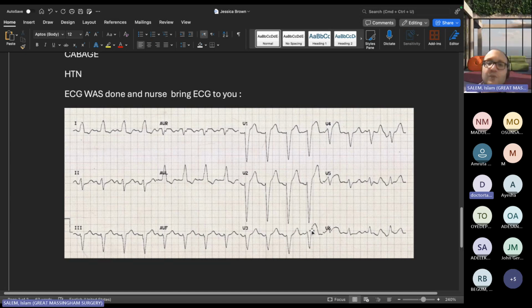One minute. Is this concordance good or bad in left bundle branch block? According to Sgarbossa, it is bad.